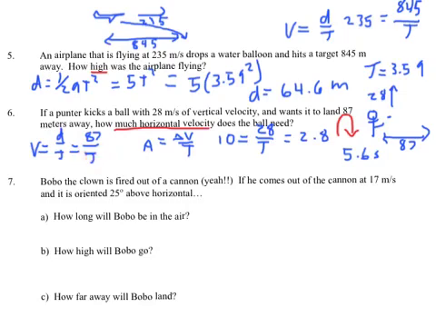So the horizontal velocity is going to equal 87 meters divided by 5.6 seconds. And that's going to give me a velocity then of 15.5 meters per second is the horizontal velocity that the ball is going to have.